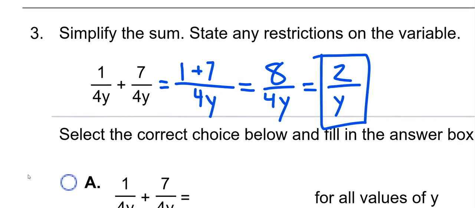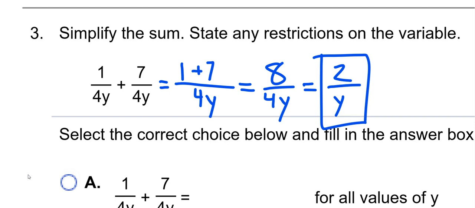I've decided that I'm going to limit what we're being asked to do. I'm not going to ask you to state any restrictions on the variable. I will not ask you about the restrictions on the variable.